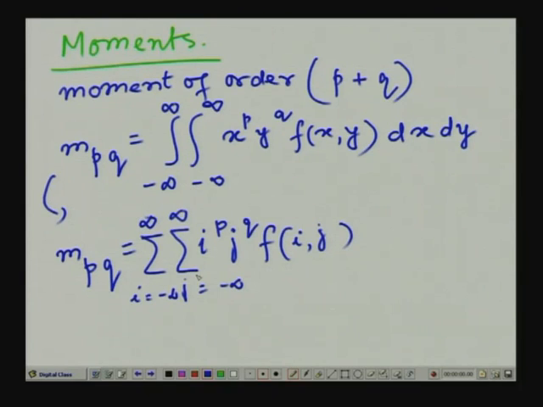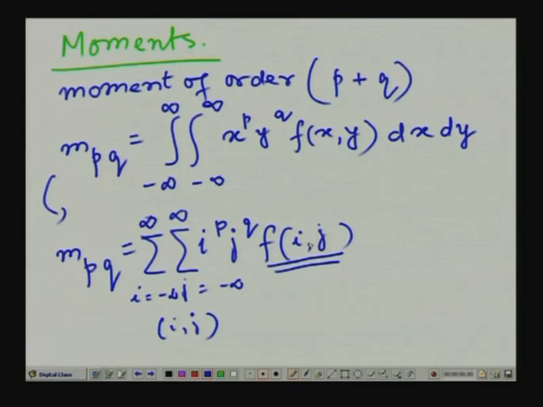Obviously, for a finite image, these i and j limits will change accordingly. In this case, i j is the location of a pixel in the image and f i j is the normalized gray level of that particular image.